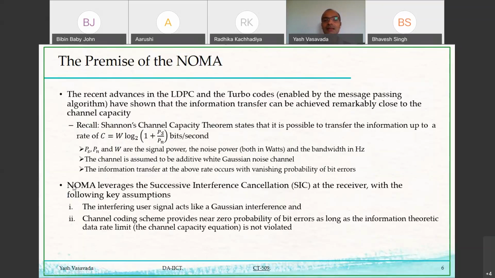So that is a key argument of NOMA: if I can control my transmission rate so that it doesn't exceed log base 2 of 1 plus signal power divided by the noise and interference power, then I can ensure that in the successive interference cancellation, the decoding errors are zero, and therefore it works very well in cancelling out all the interference.